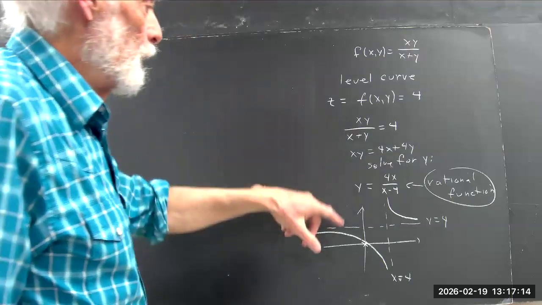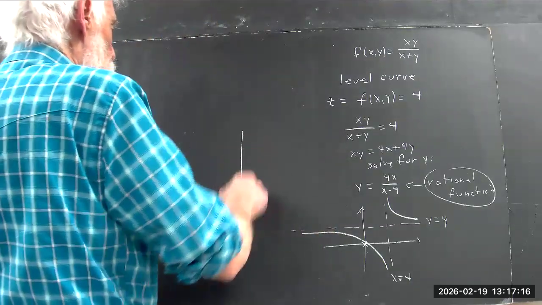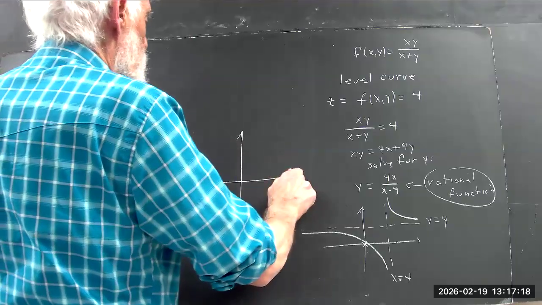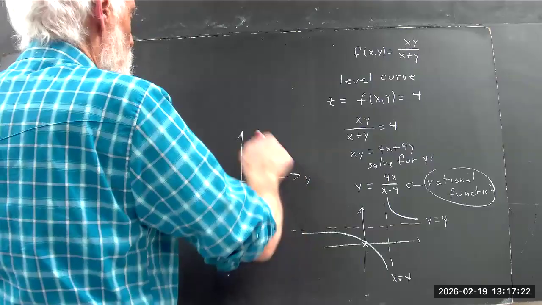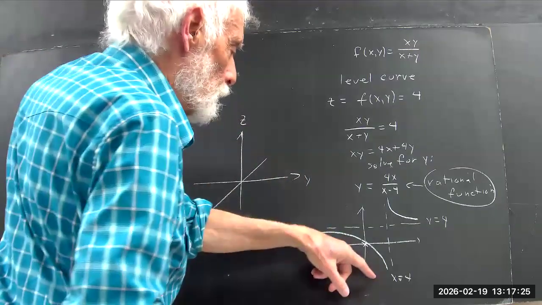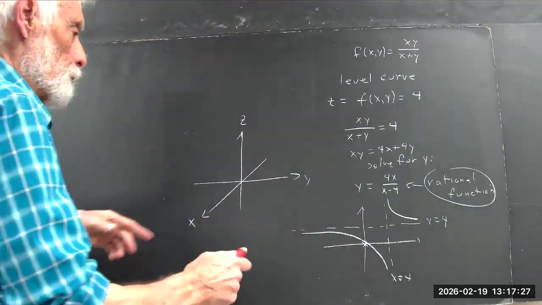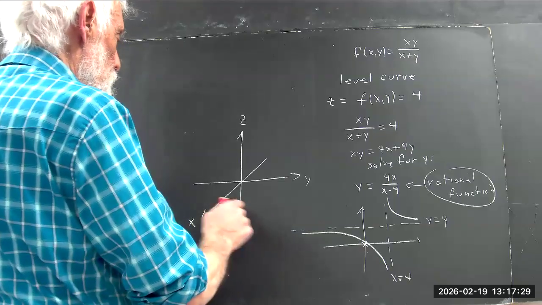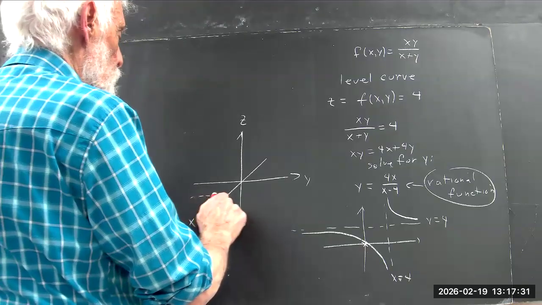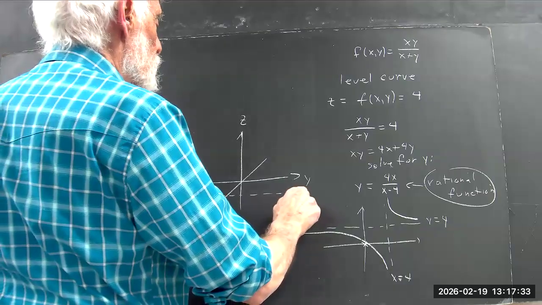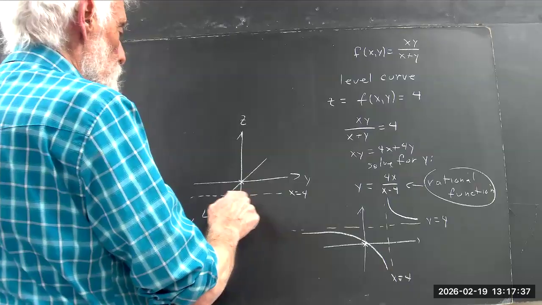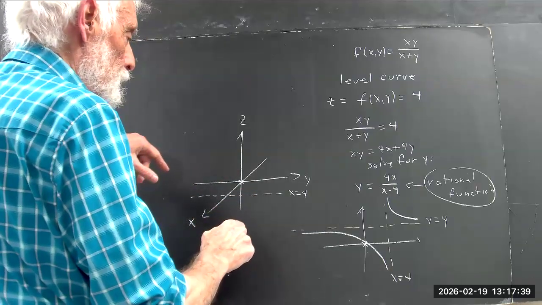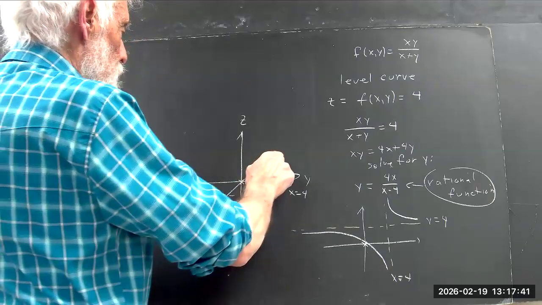how you get a level curve. This means that if you graph this function, you can draw this level curve. Let's be careful. The asymptote is at the line x equals 4. So here's the line x equals 4. Thing will go through the origin. It's going to be negative on that side and positive on this side.